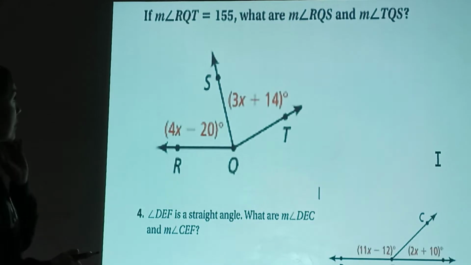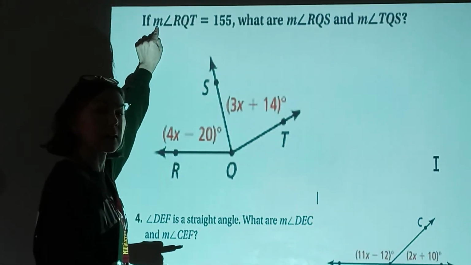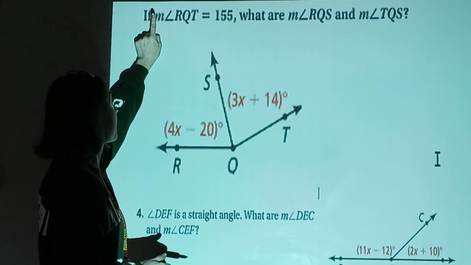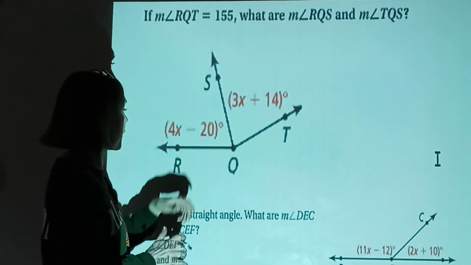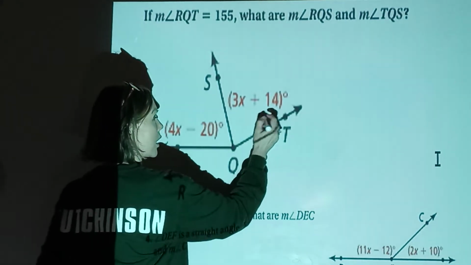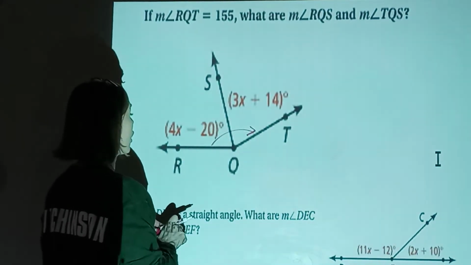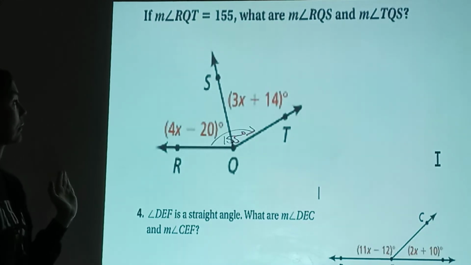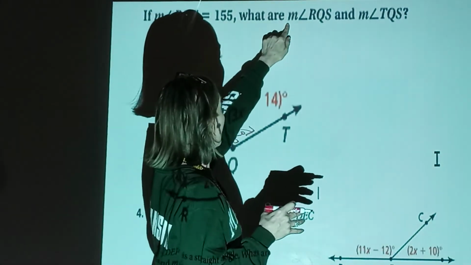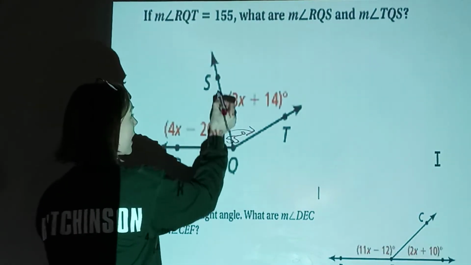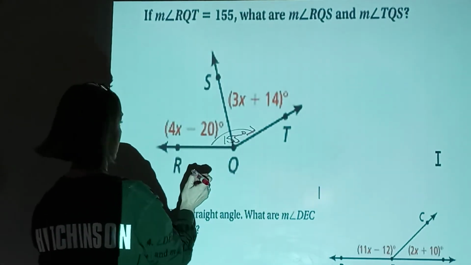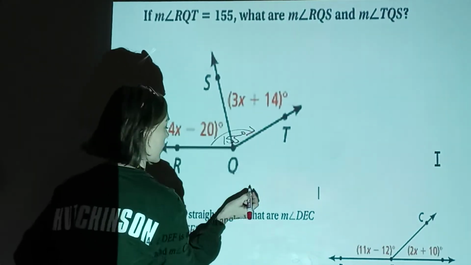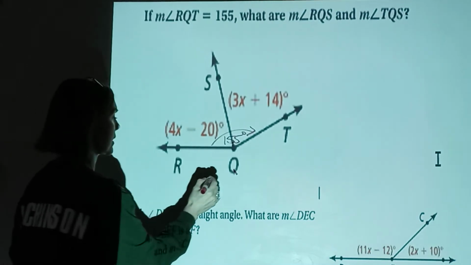It says, if the measure of angle RQT is 155, the whole thing, that whole angle is 155 degrees, what are the measures of angle RQS and angle TQS? I have to put that Q right there because it looked like an O.